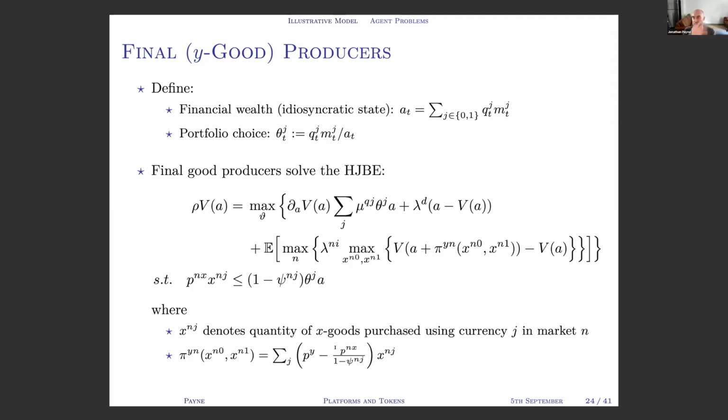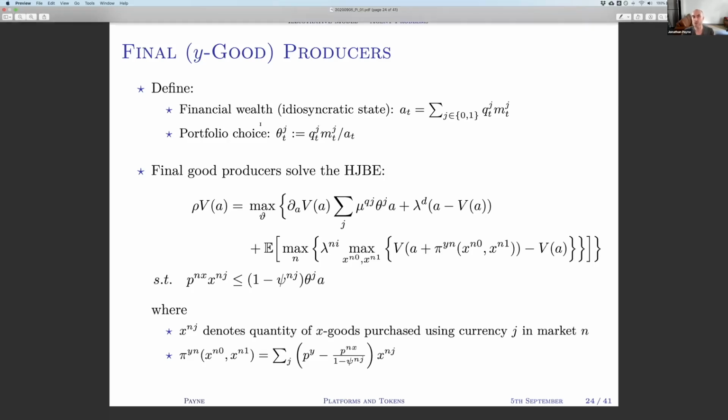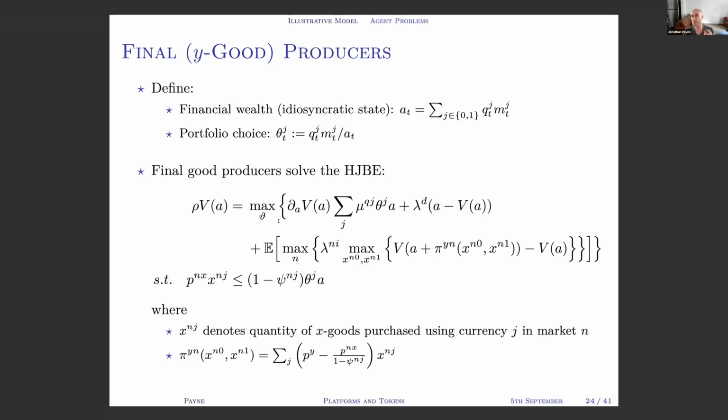And then stepping back even further, given that the platforms may impose penalties on using the currency they don't like, they have to decide their portfolio choice about which currencies they want to hold. Okay. So this is the problem these Y good producers face.